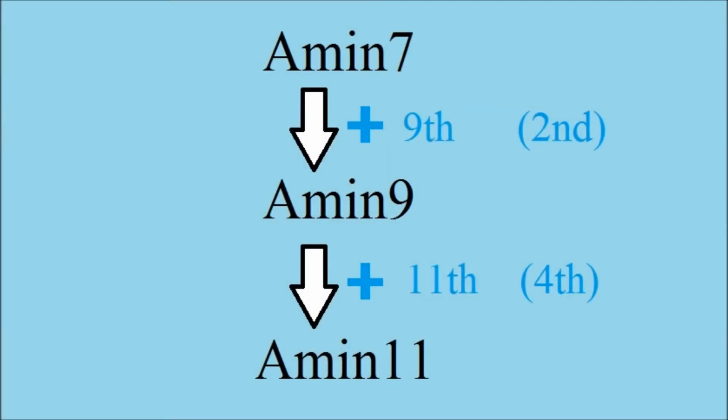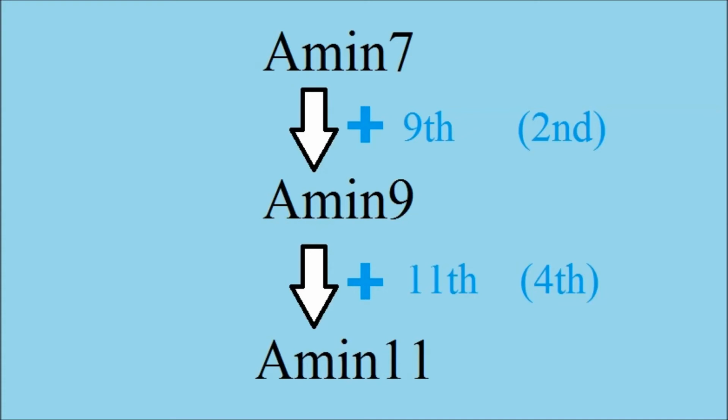Now let's get even more complex and make that A minor 7 chord into something a little more interesting. When you add a ninth interval, otherwise known as a second, to a minor 7 chord, the 7th and the ninth join together, and the resultant chord is just known as a minor 9 chord.